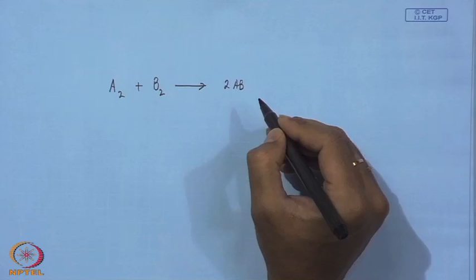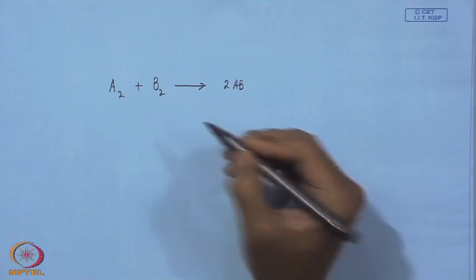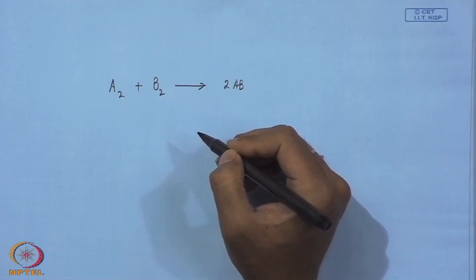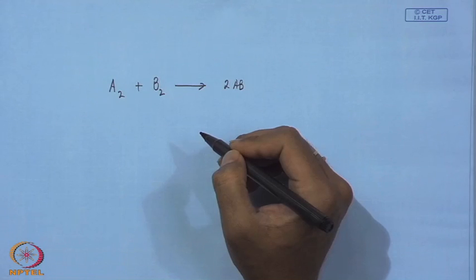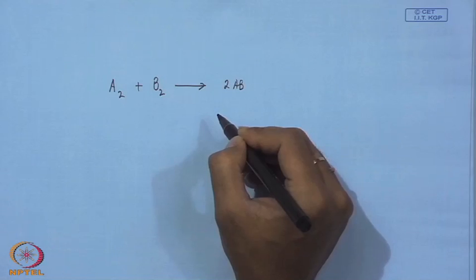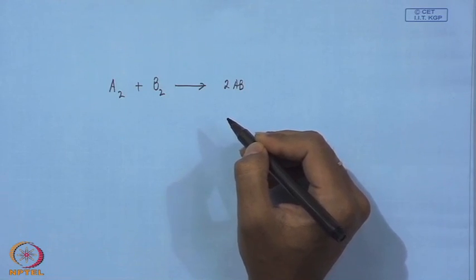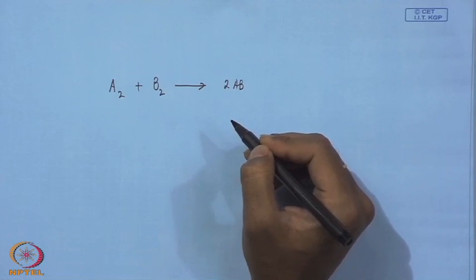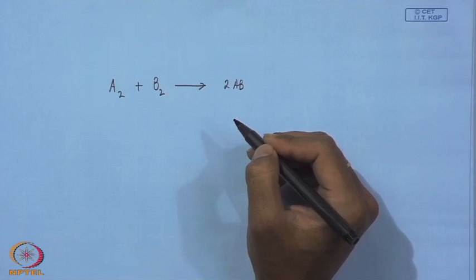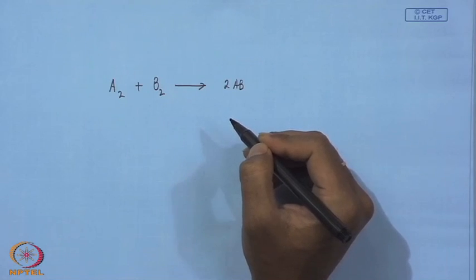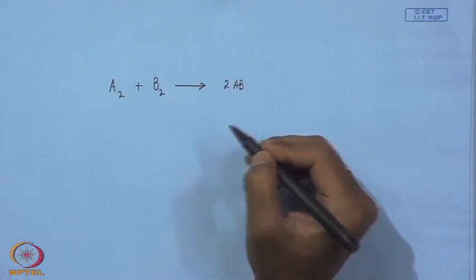Collision occurs between A2 and B2, but no exchange of atoms. So, we would like to study the possibility of such elementary reactions, and we want to probe and maybe promote them. This is what we are going to elaborate.